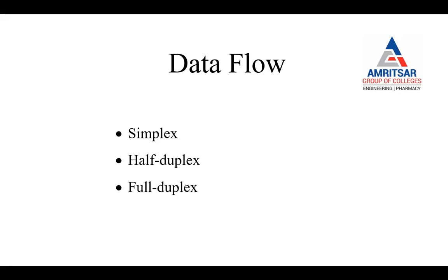So next we have data flow, how data is transferred. The definition of data flow is that communication means the transfer or exchange of data between two different devices. In the communication process, whenever data is transferred, it depends upon the type of data transfer.